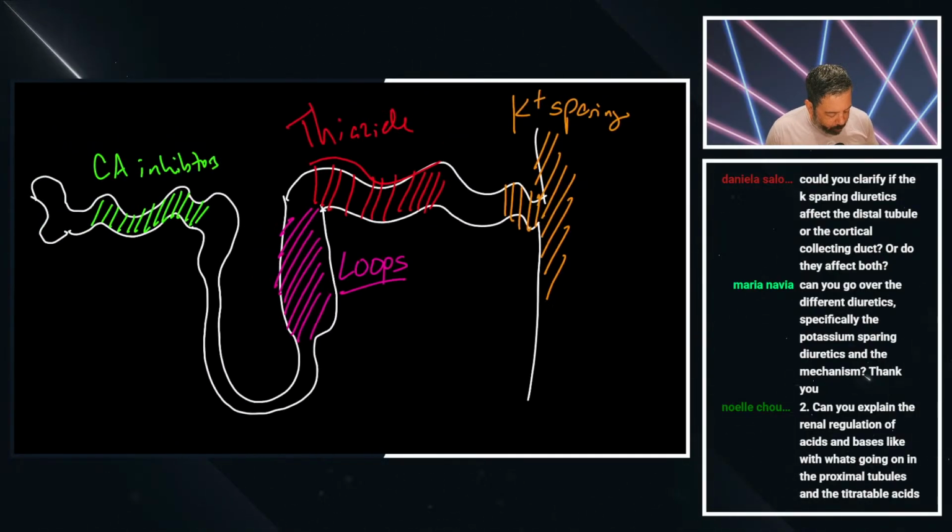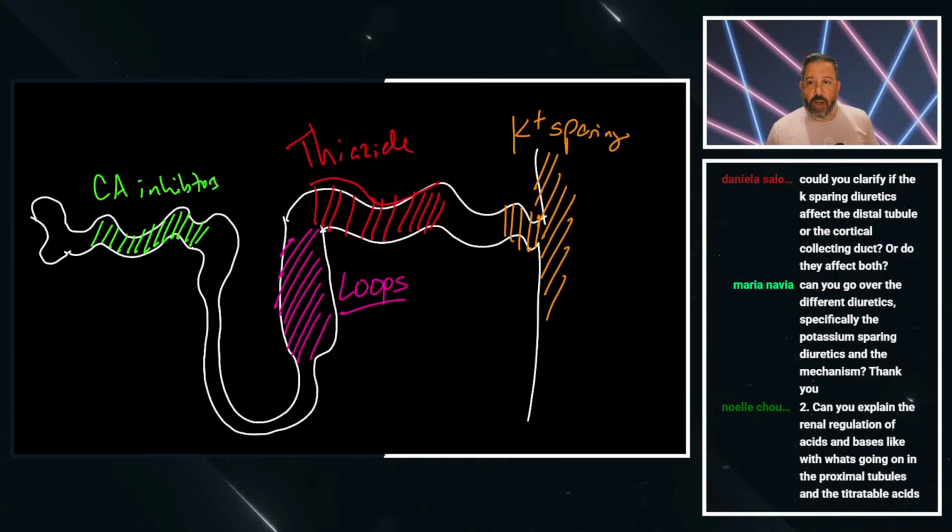Remember, for the loops and the thiazide diuretics, they are transporters. They're co-transporters with sodium, potassium, and chloride. And remember, the loop and the thiazide diuretics block the chloride from binding to the receptor, and the entire co-transporter shuts down.